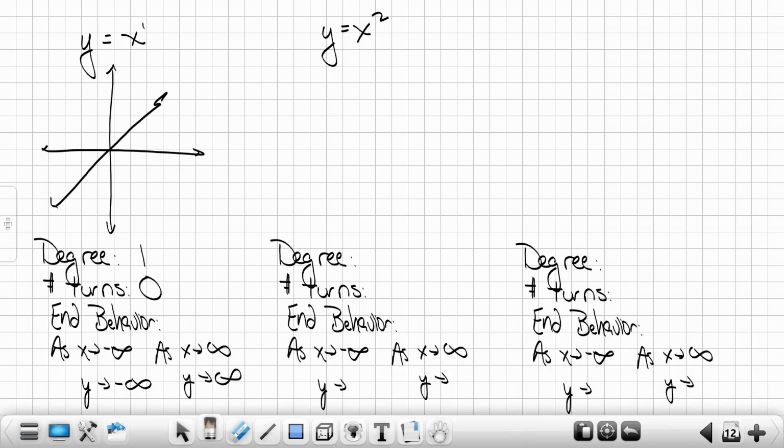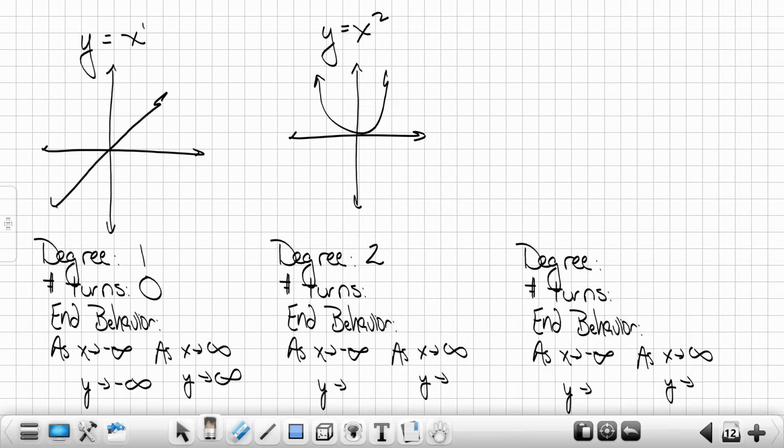Okay. Y equals x squared. What's it look like? We just had an entire module about them. Parabola. Okay. The degree is 2. How many times does it turn? Once.